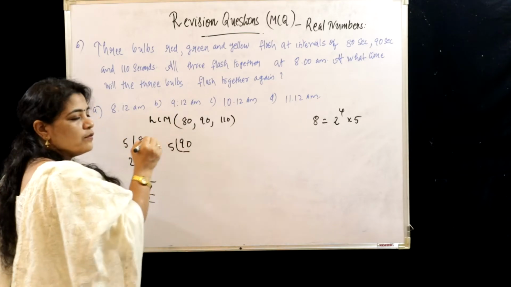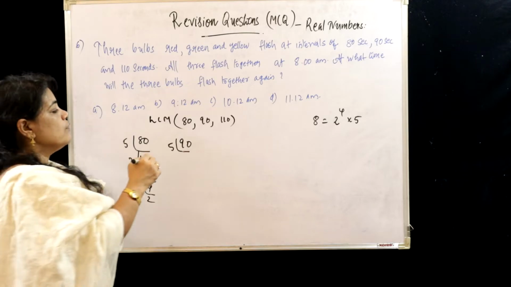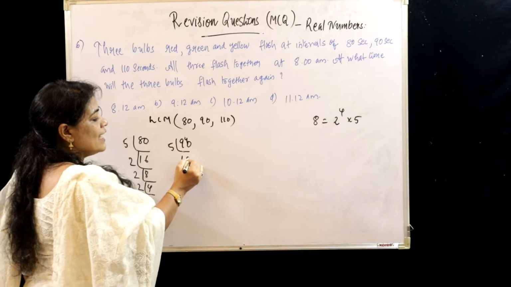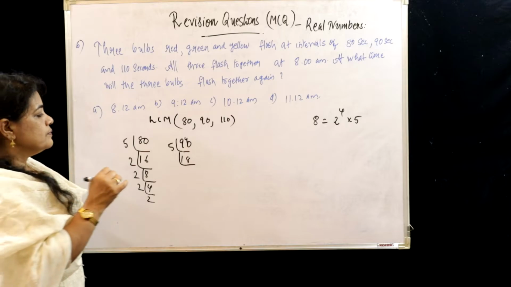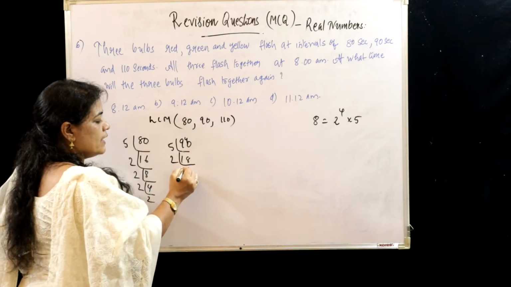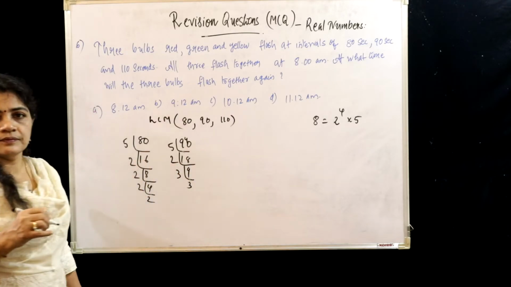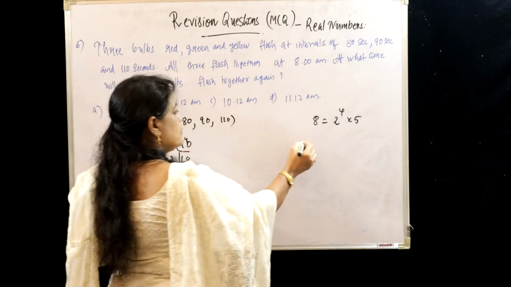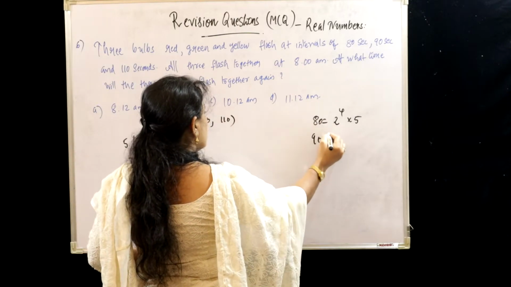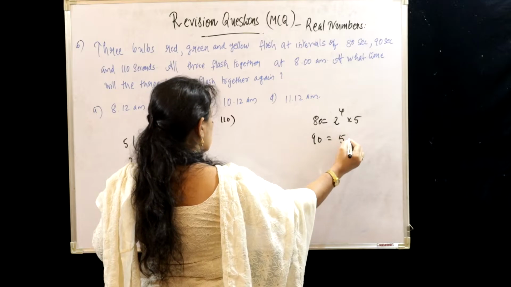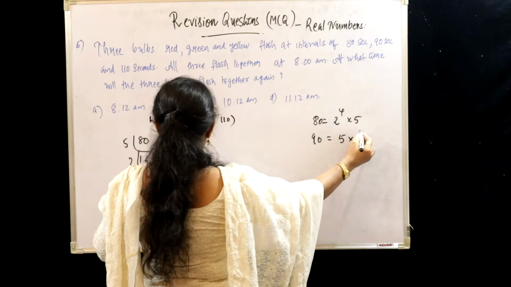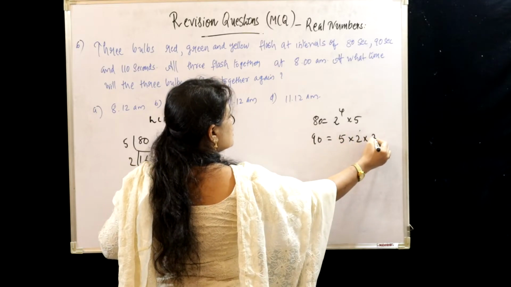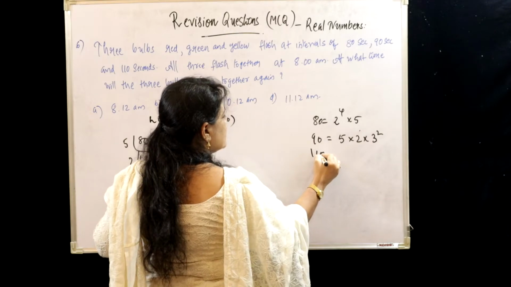Now the 90. Again you can start with 5. 5 in 9, 1 time and 18. And 2, here 9, 3, 3. So 90 can be expressed as a product of 2 one time, 5 one time and 3 two times.